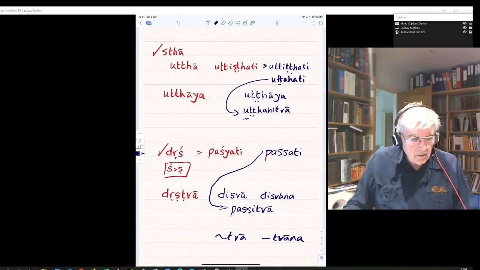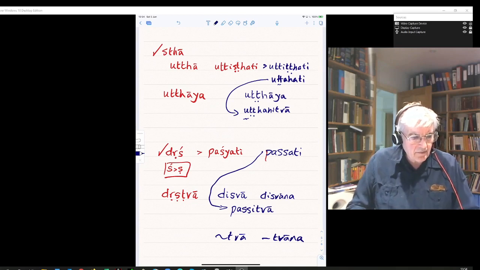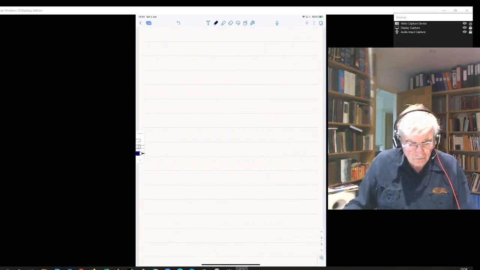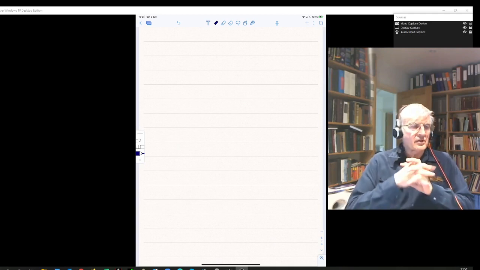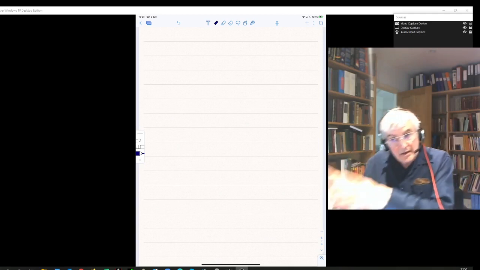Now, let's have a look at section 3 here, examples in sentence formation. It's often said in the grammars that this absolutive in twa means having done so and so, then he did so and so.